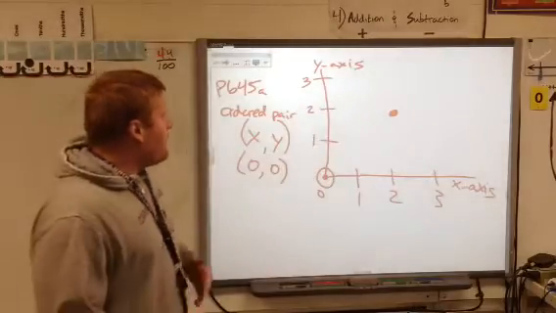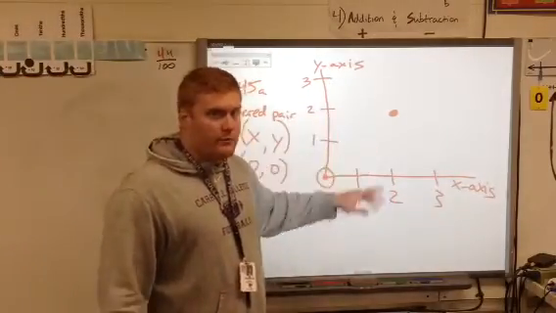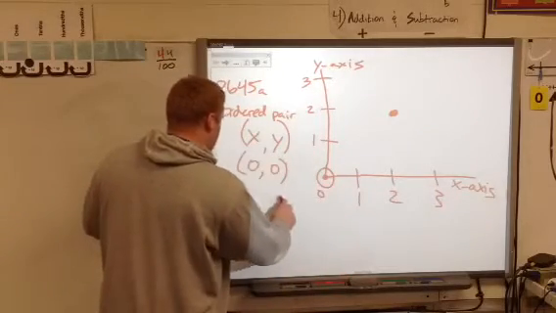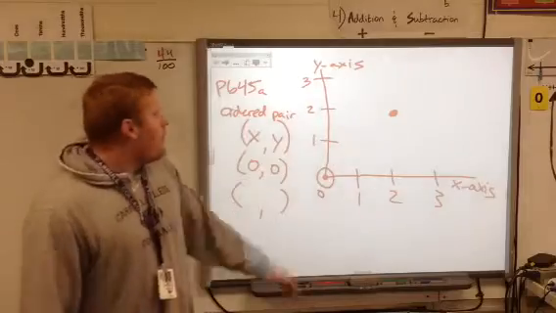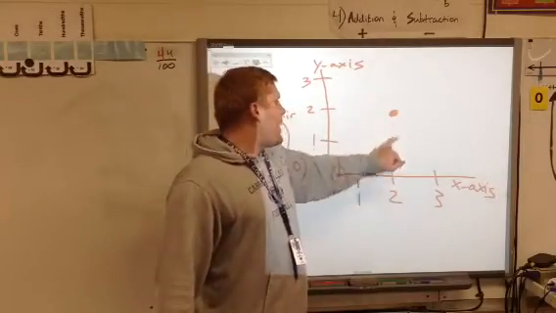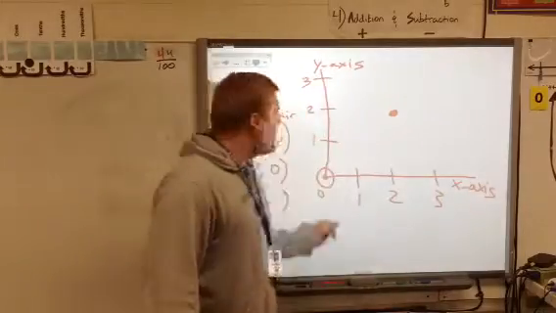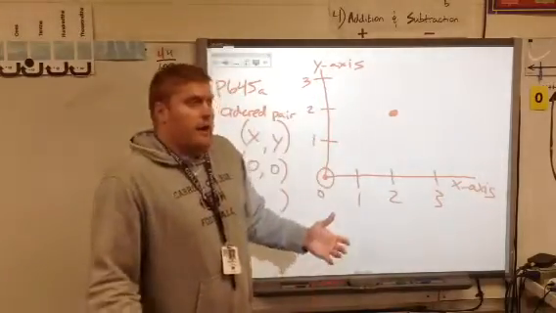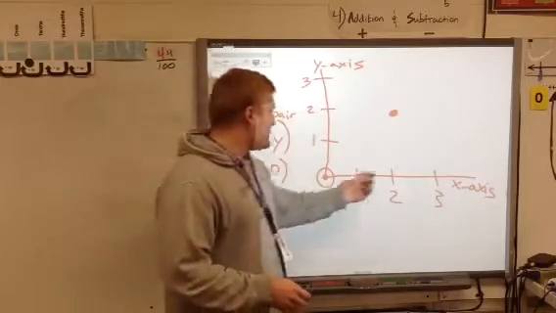Okay? Now if I were to use the coordinate plane to provide you with an ordered pair, I know that my x-coordinate always comes first. Well, where does that ordered pair line up according to my x-axis and my y-axis? Well, I have to look at it. So I know in my ordered pair, x always comes first, so I'm going to start with my x-axis.